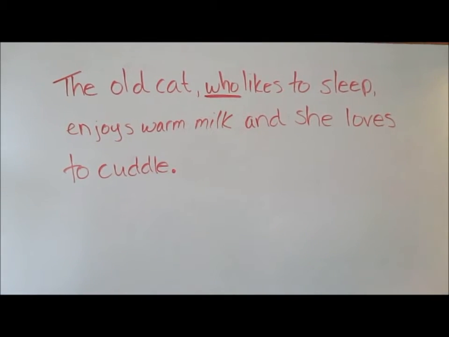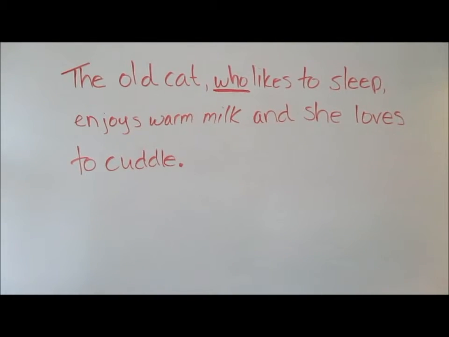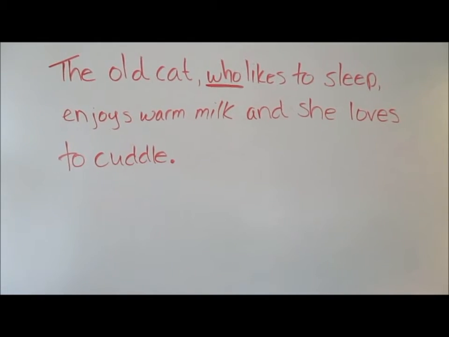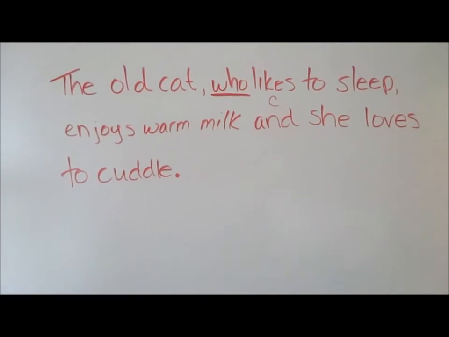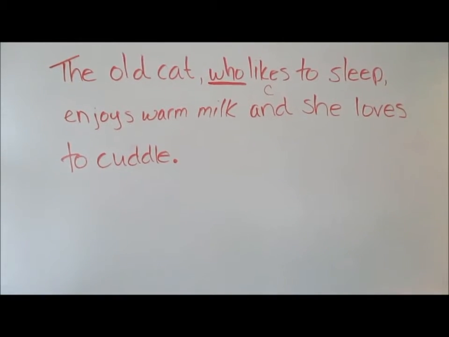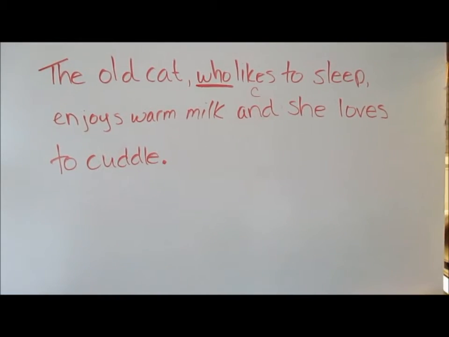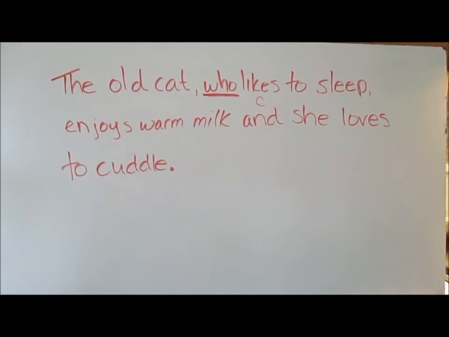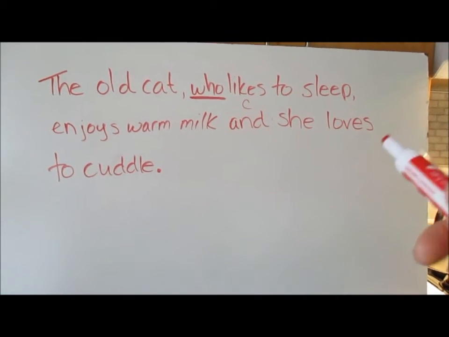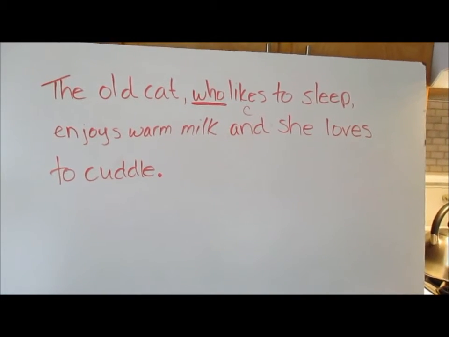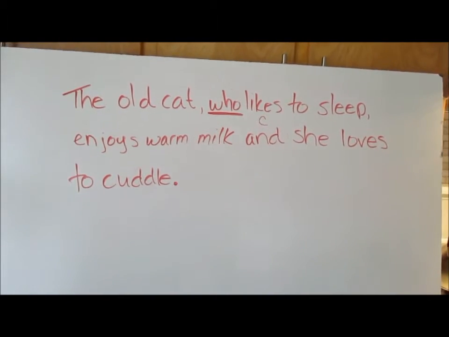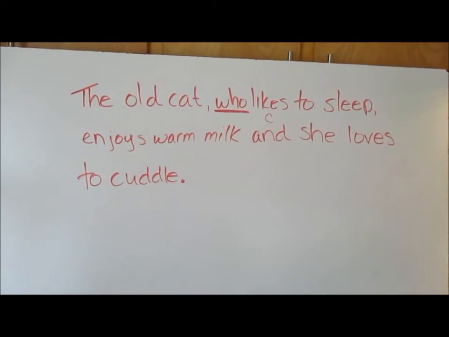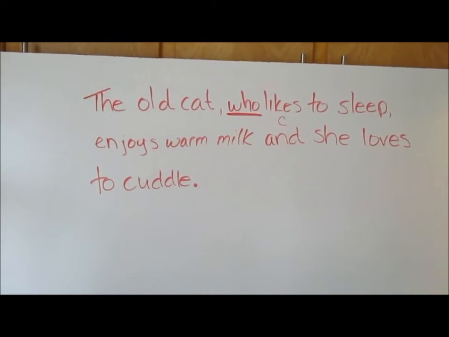And then without that, we have the old cat enjoys warm milk, and so that's our conjunction. She loves to cuddle. Both of those are independent and can stand on their own. So here we have a compound from the and, complex, which also includes a dependent clause, the who, the adjectival clause, who likes to sleep.